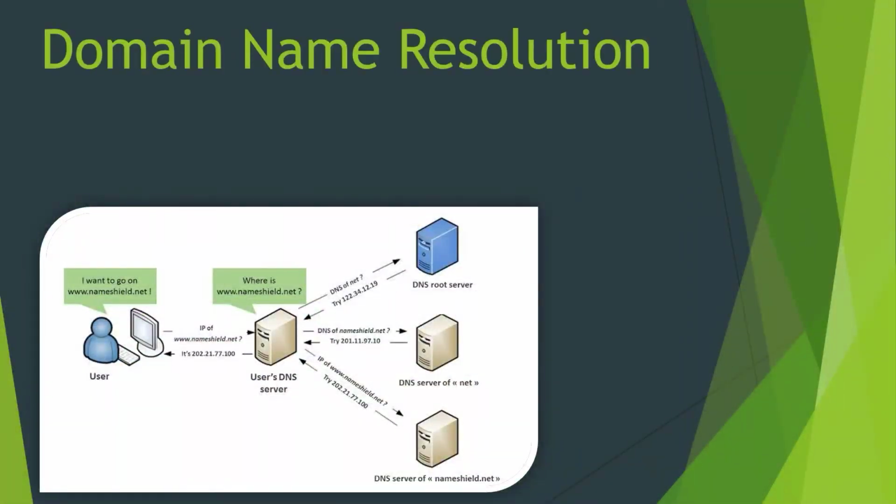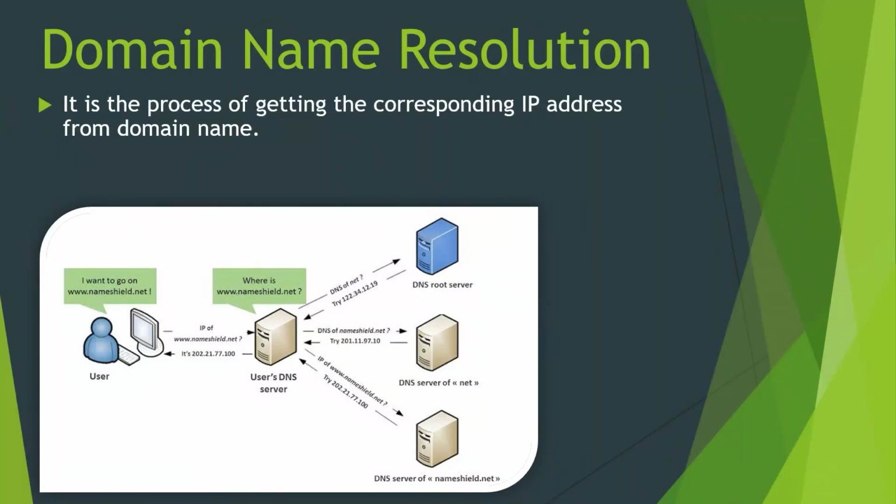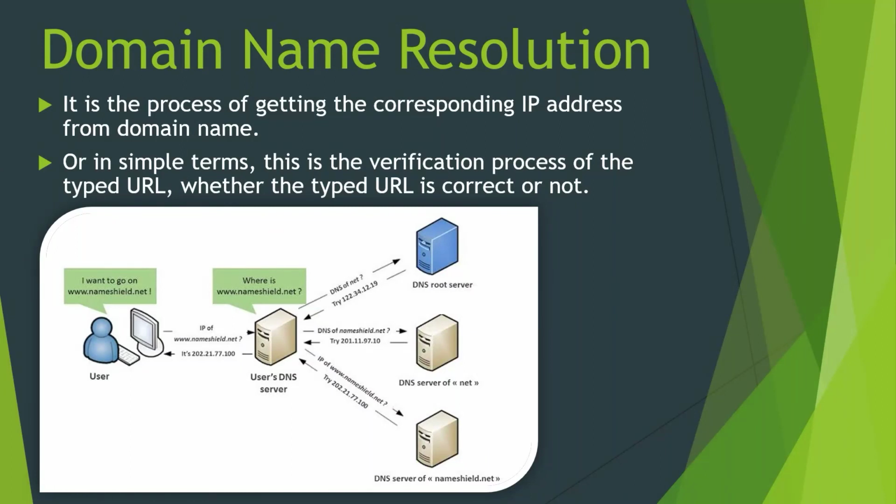Now next is domain name resolution. What is domain name resolution? It is basically the process of getting the corresponding IP address from the domain name. In simple terms, we can say that it is the verification process of the typed URL, checking whether it is correct or not. Suppose that the user asks the DNS server to go to www.nameshield.net.